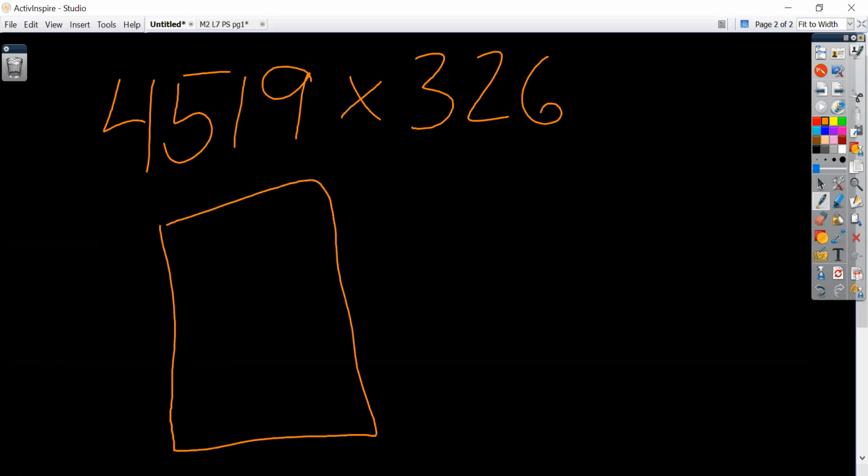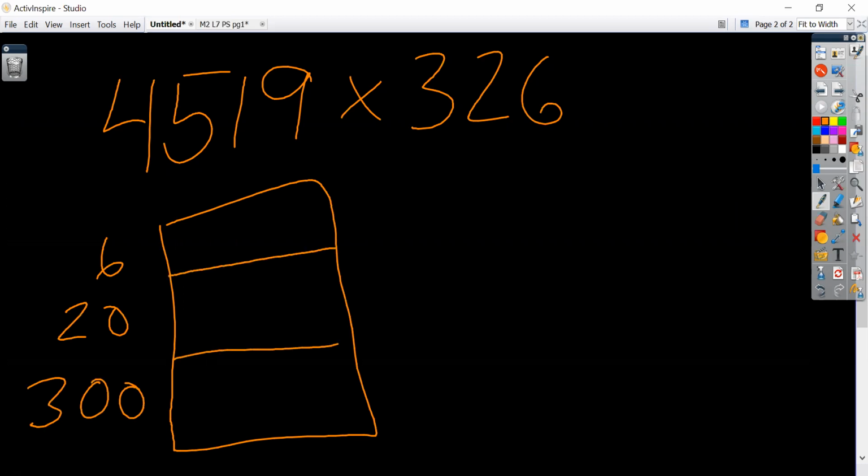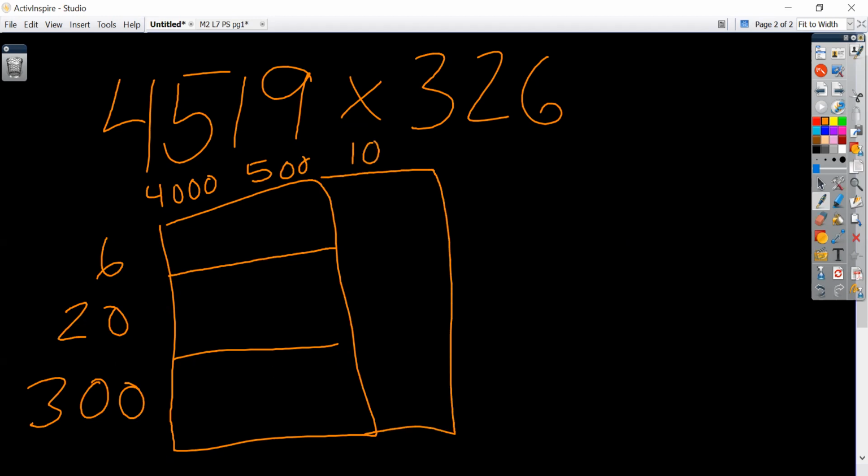Let's go ahead and put the second factor on the left-hand side, and we'll go from 1 to 10 to 100. And on the top, we're going to have to do 4 places because it's 4 digits. So I'm going to have to make this area model bigger. And then 9.